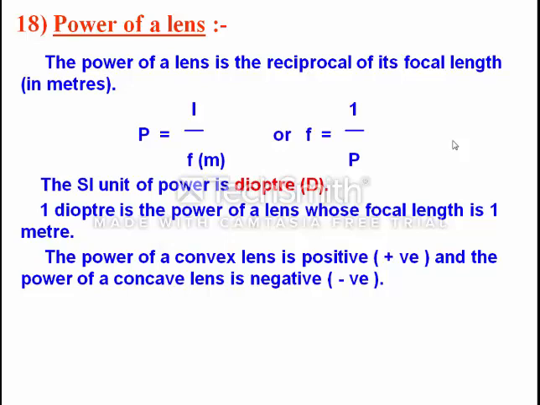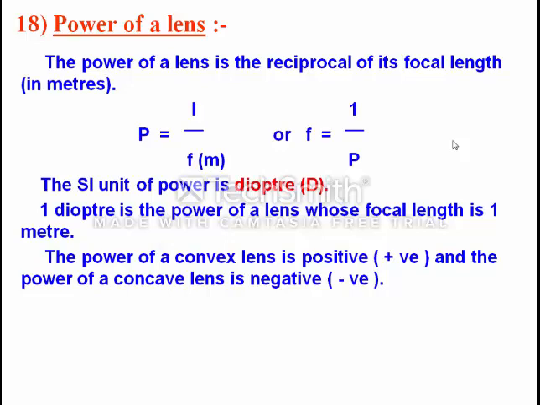Suppose in your home some person is using specs with positive power, it means the lens used in the specs is a convex lens, because if focal length is positive it is a convex lens, and if focal length is negative, it is a concave lens.